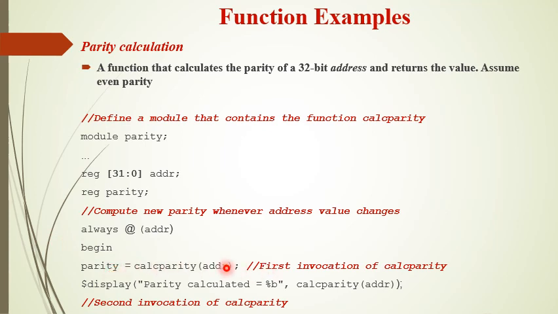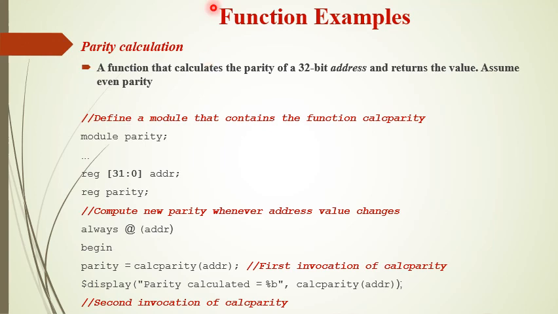So this is the first invocation of the calculate parity function, and in the same module we are invoking it a second time, that is for this display system task, parity calculated equal to %b, and in place of %b the return value of this function will be substituted. So this is the second invocation of the parity function.